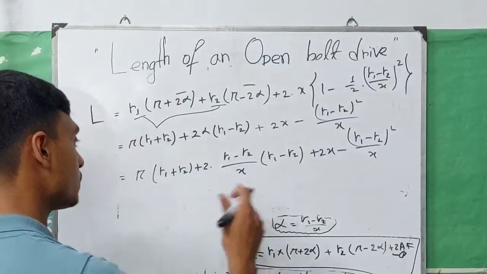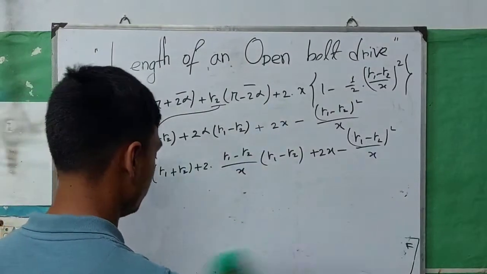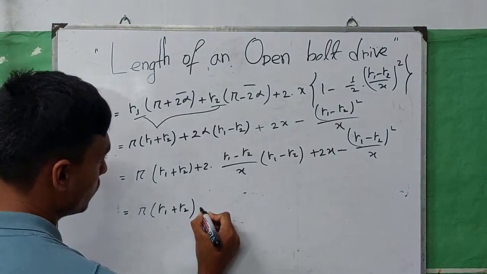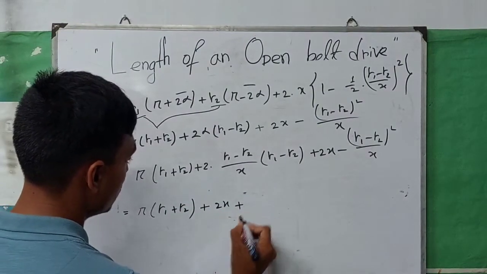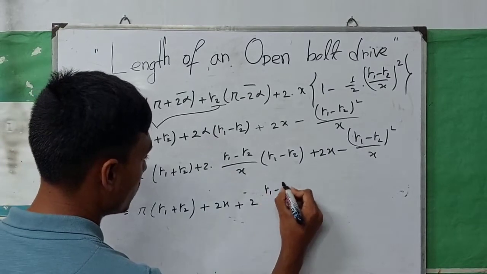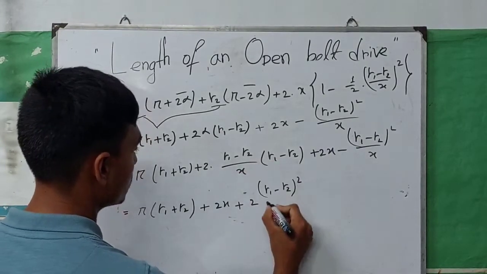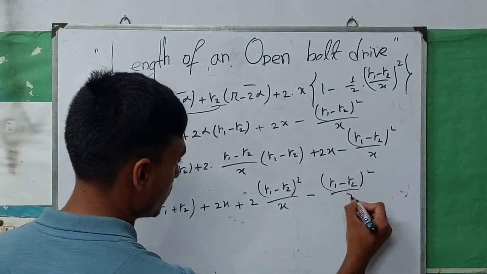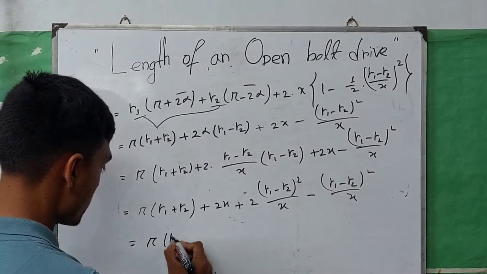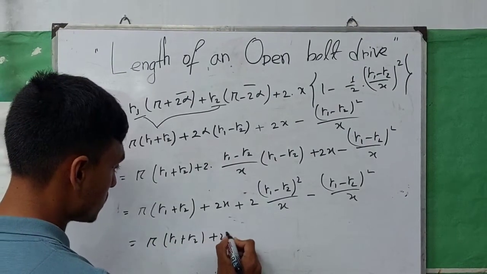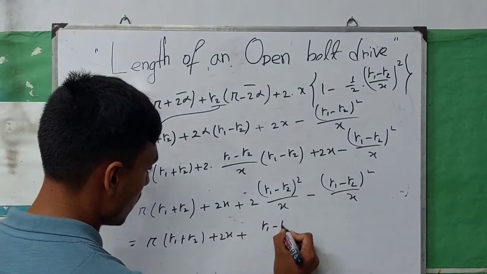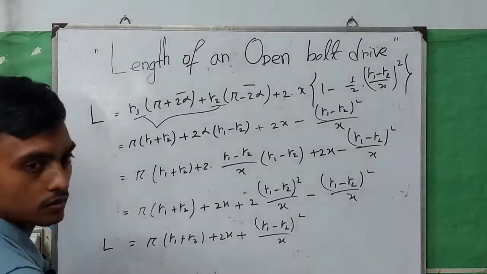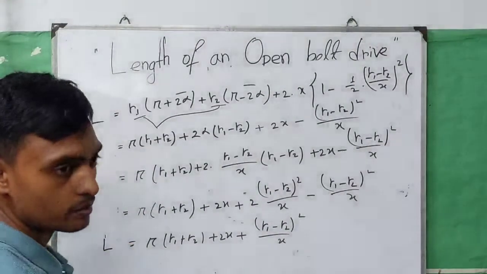Simplifying this equation, we get the final result: pi (R1 plus R2) plus 2x plus (R1 minus R2) square by x. This is our final result for the length of an open belt drive system.